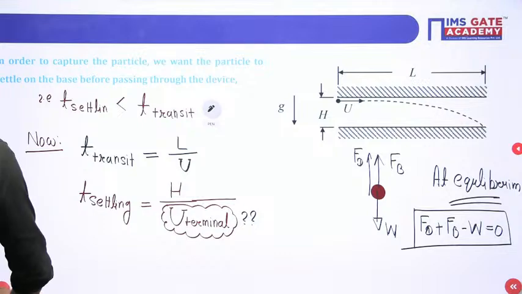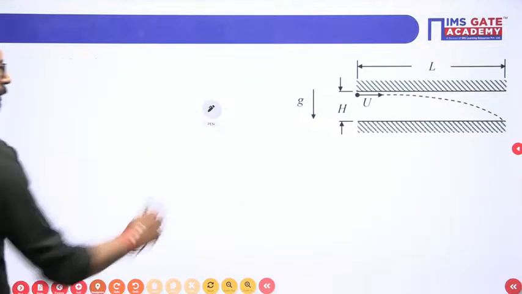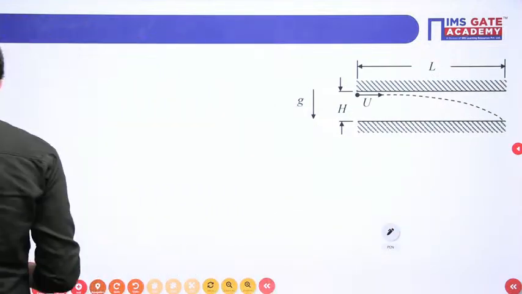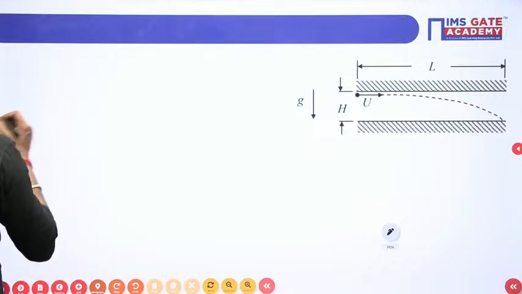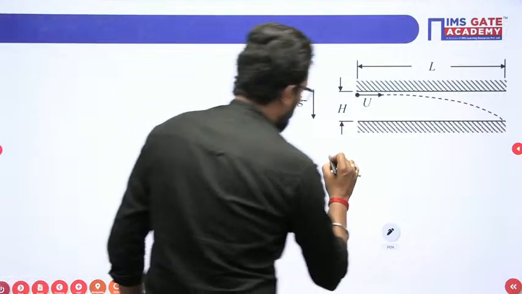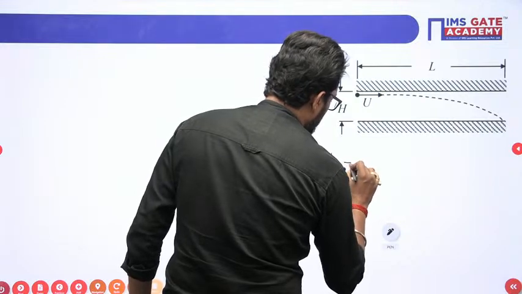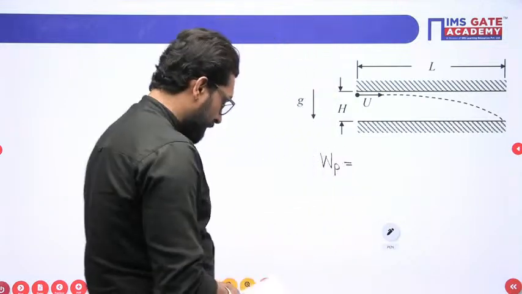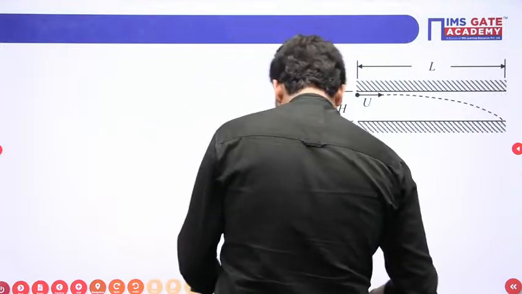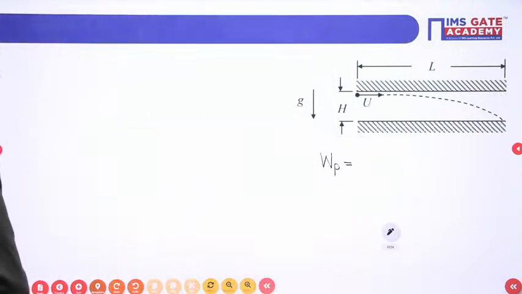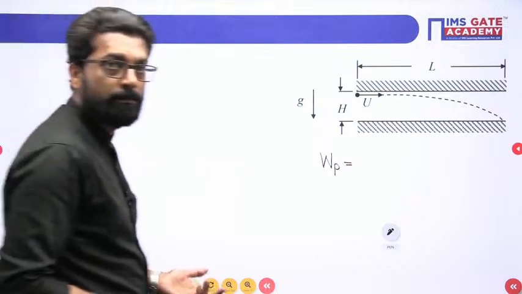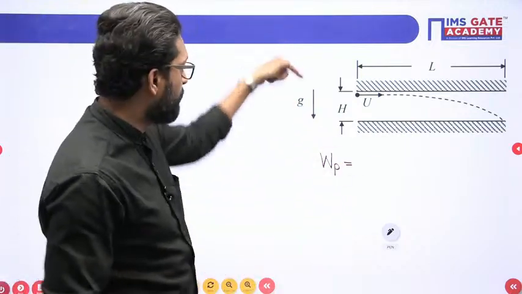Now, for that, the weight of the particle. What is the weight of the particle, beta? Density times volume is the mass, multiplied with g, because it acts in this direction.